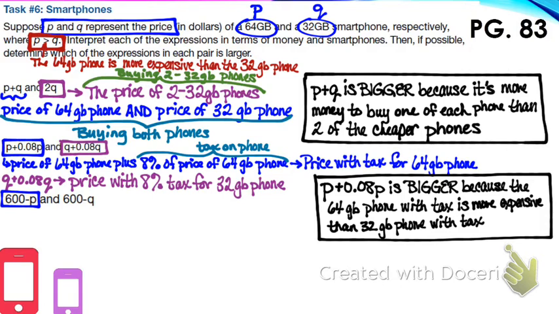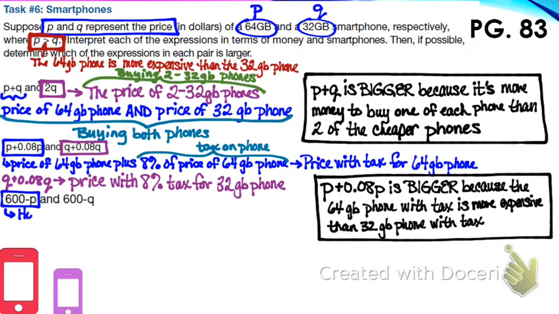And I'm doing 600 minus that price. Why would you do that? If you have a $600 budget or $600 in your pocket or $600 in your checking account, why would you minus the price of the phone? Find out how much you'd have left after you buy it.